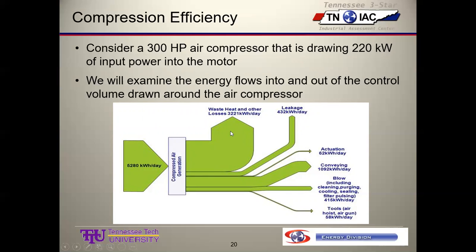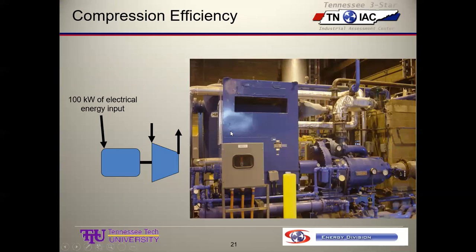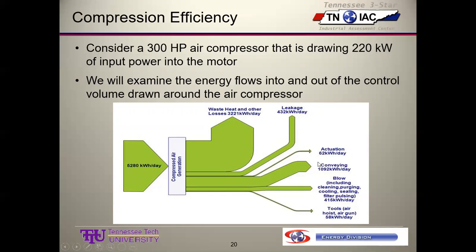So then we're taking equivalent to 62 kilowatt hours a day for actuation energy. We've got pneumatic actuators out there in the plant, and they require a small amount of air. The plant is usually doing some conveying. They may be blowing stuff around. May have pneumatic motors on conveyors, whatever. So that's a little over 1,092.